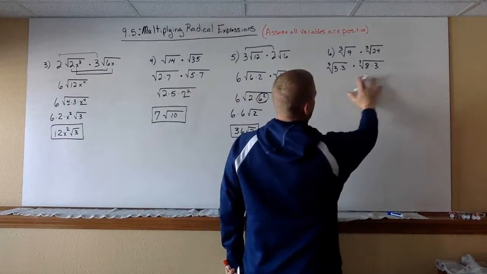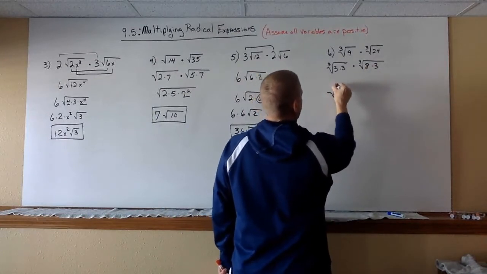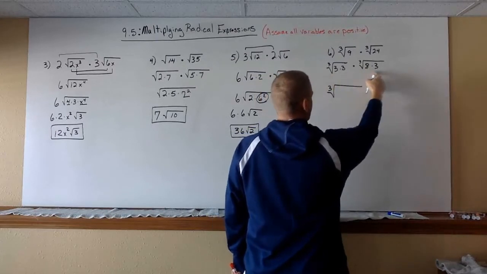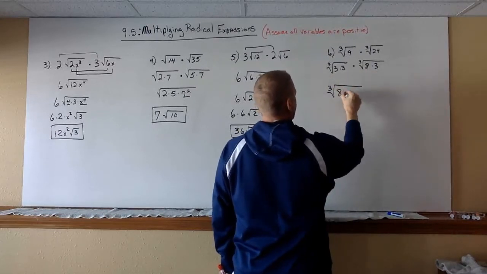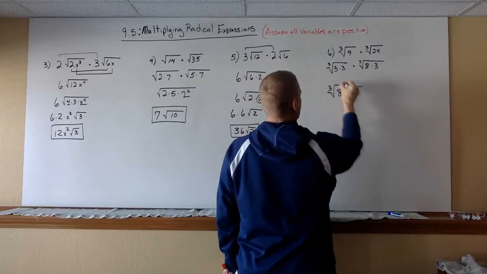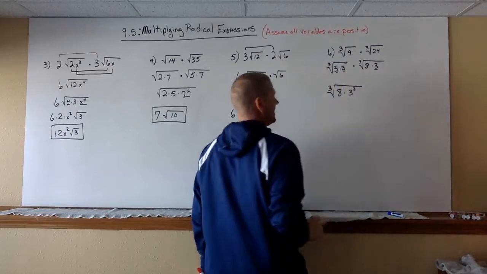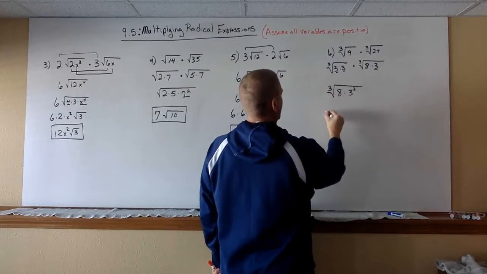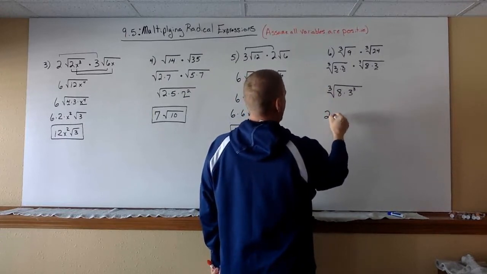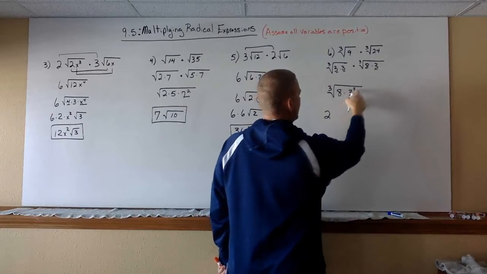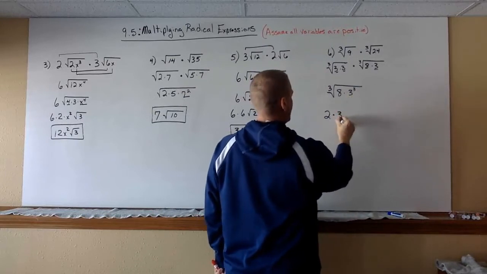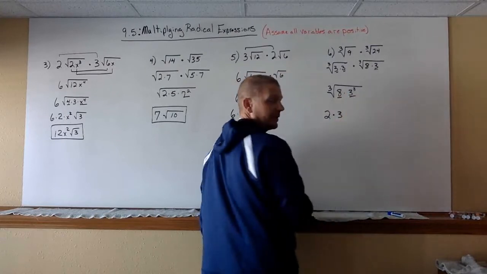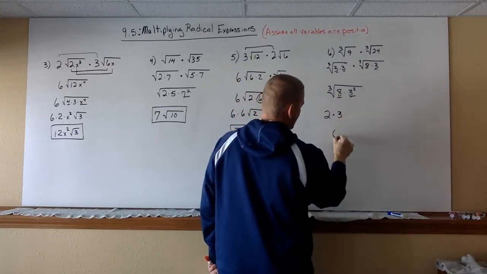So when I itemize this out, this is really a cubed root of 8 times 3 cubed, because there's 1, 2, 3 threes underneath there. And when I look at this, I'm like, oh, cubed root of 8, I know what that is. That's 2. And the cubed root of 3 cubed, oh, that's just 3. And because those are both on the outside and there's nothing left underneath there because those are both perfect cubes, I'm just left with a 6.